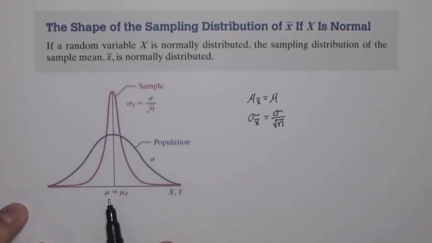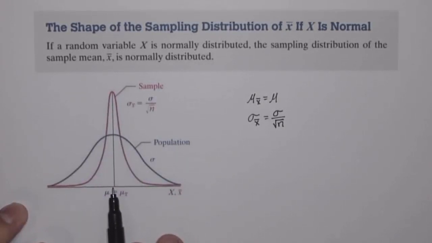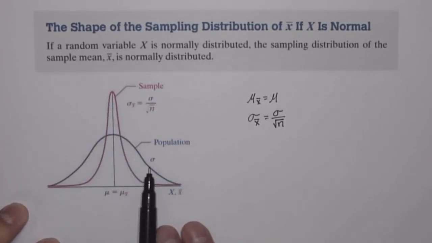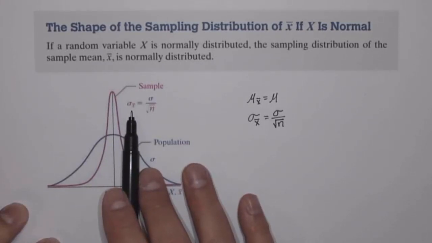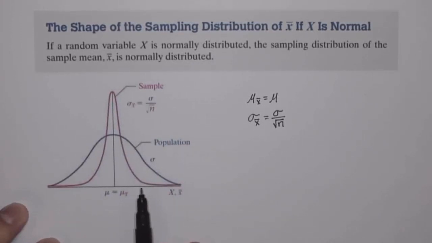So again, notice that the mean of the population and the mean of the X bar distribution are the same. So both of those distributions are centered at the same place. But the standard deviation of the X bar distribution is going to be sigma divided by the square root of the sample size.